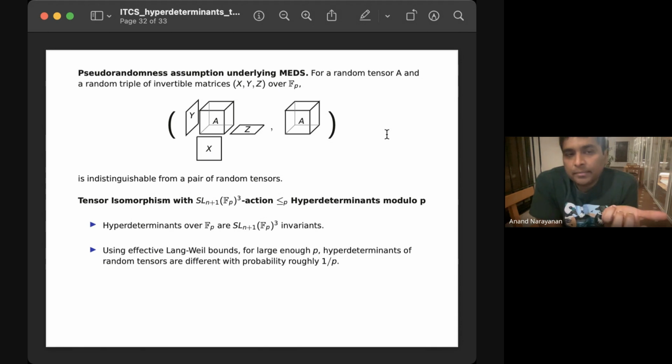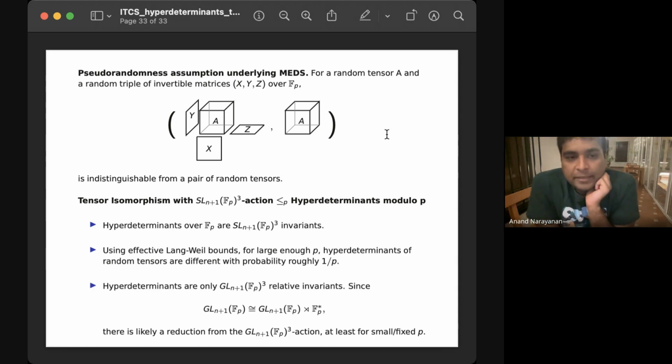If I take two random tensors, then with probability roughly 1 over p, they are different, right? And so it would be nice to do the reduction with GL_N instead of SL_N. I think it's plausible because there is some prior work in cryptography that we can try to mimic. And I think at least for small p or fixed p, they should work, but it's still in progress.